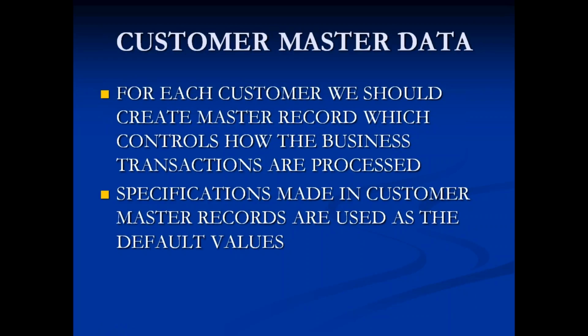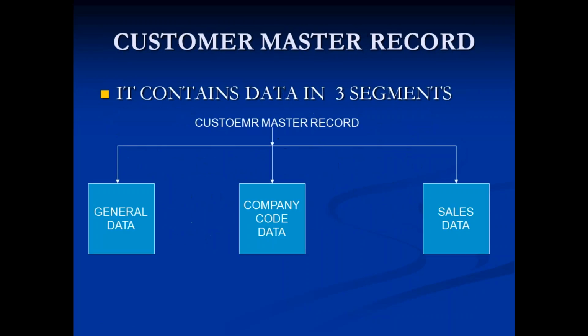Since we will be processing the invoice under the account receivable, we will focus on the customer master data. Like you have the information for your GL master record and your vendor master record, the same way you have to maintain the information for your customer master data.